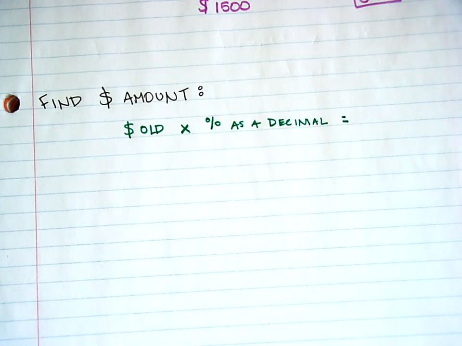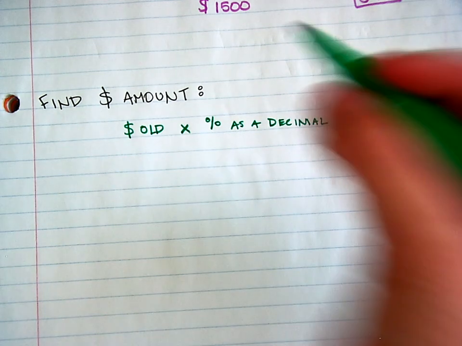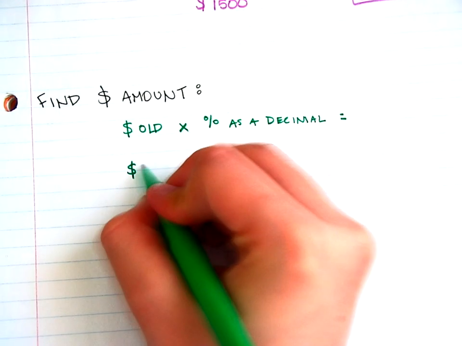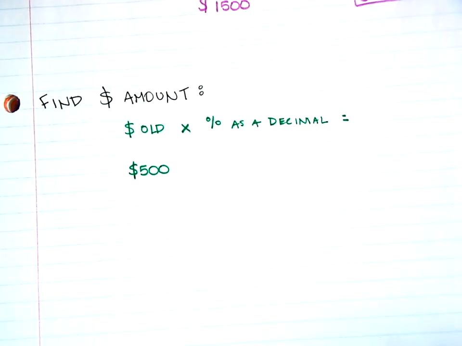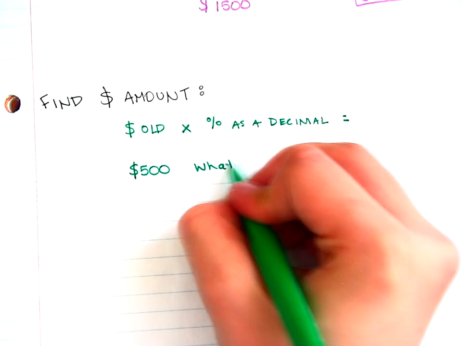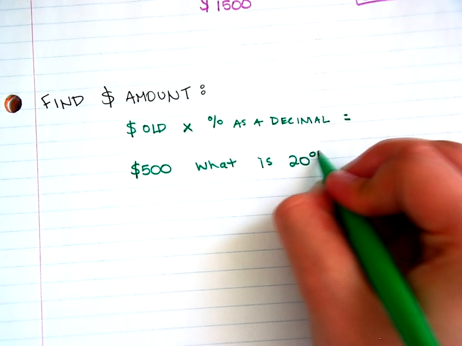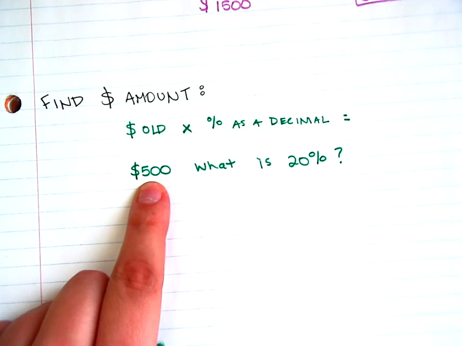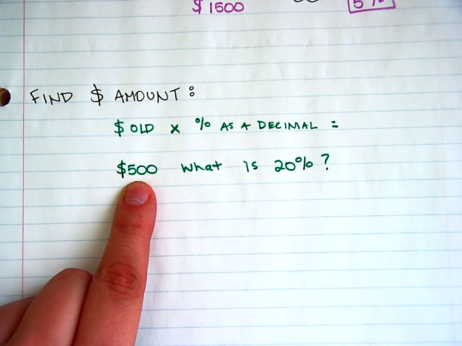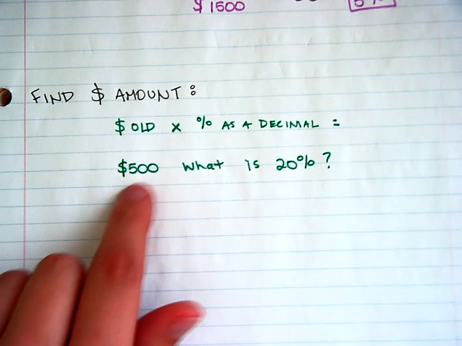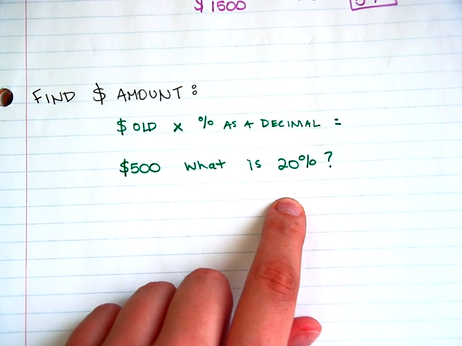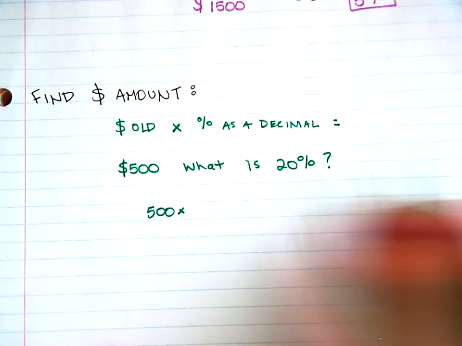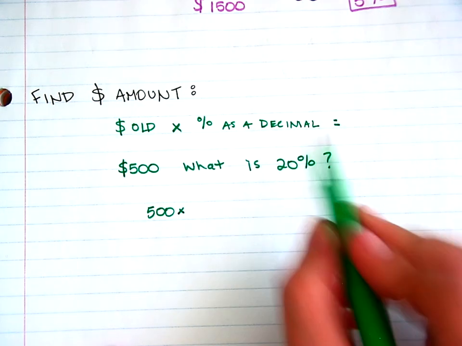For a couple examples, let's say we have $500, and I ask you, what is 20%? If you had to pay someone 20% of that, or something cost 20% of that, what is 20%? We take the old amount, 500, and multiply it by 20% as a decimal.